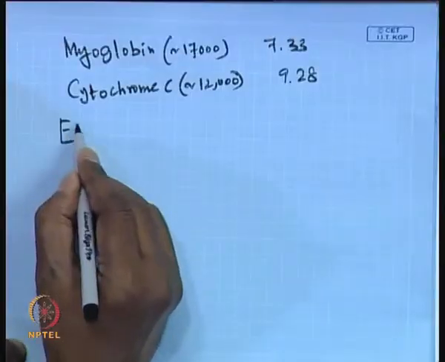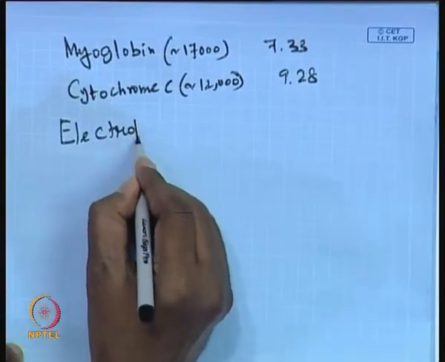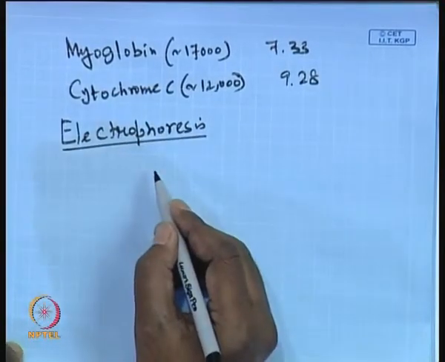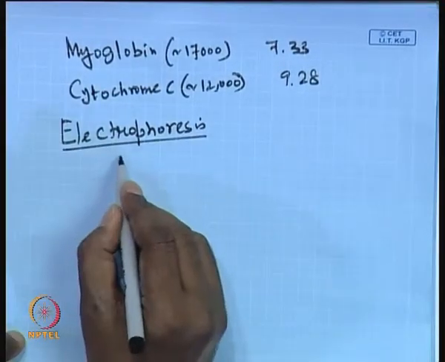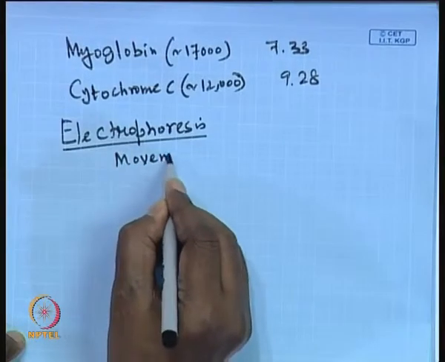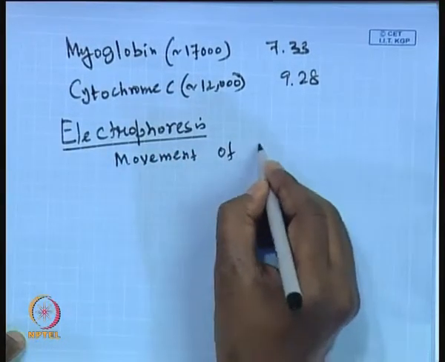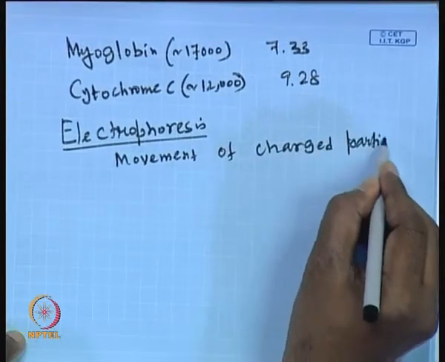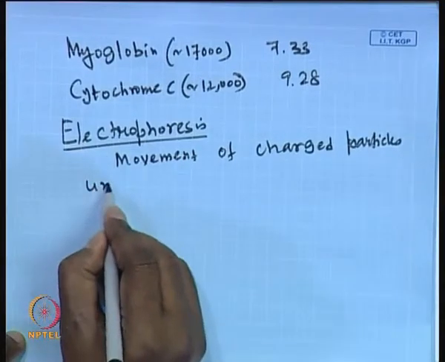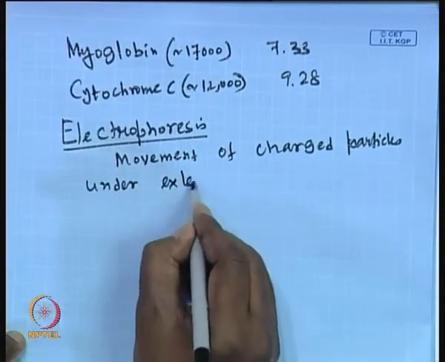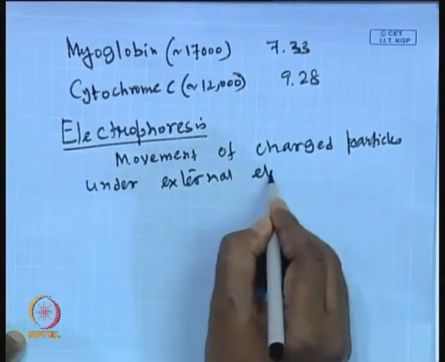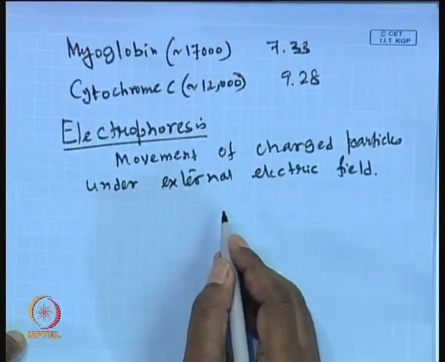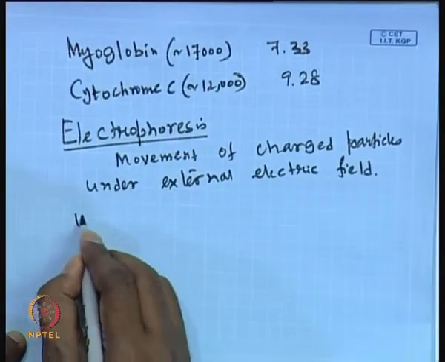So, electrophoresis is the main electrokinetic effect responsible for this electrophoretic separation method: the movement of charged particles under an external electric field. Now, you can calculate the electrophoretic mobility.